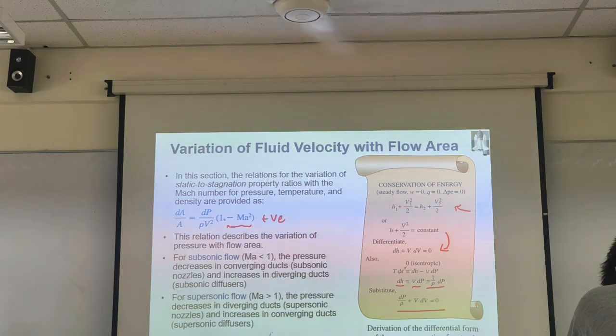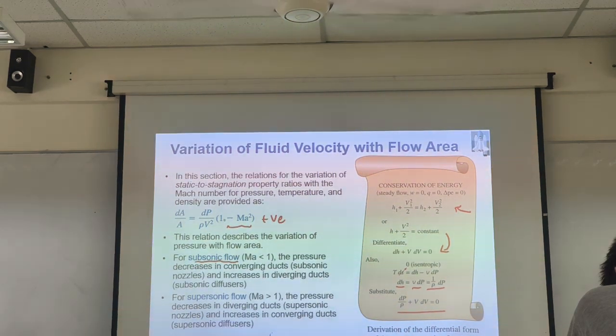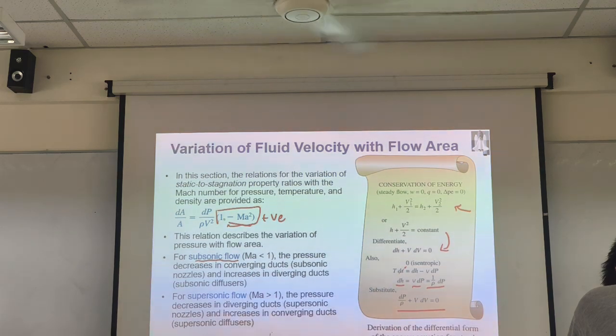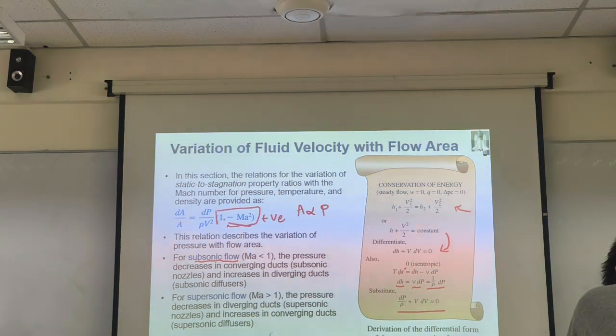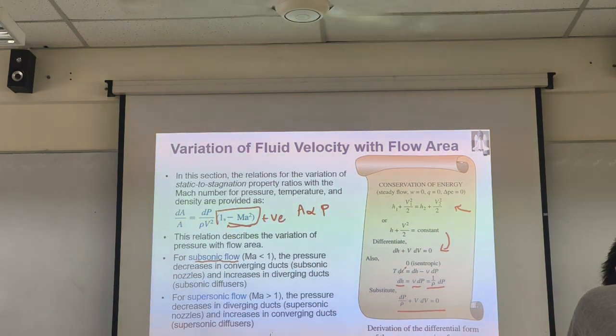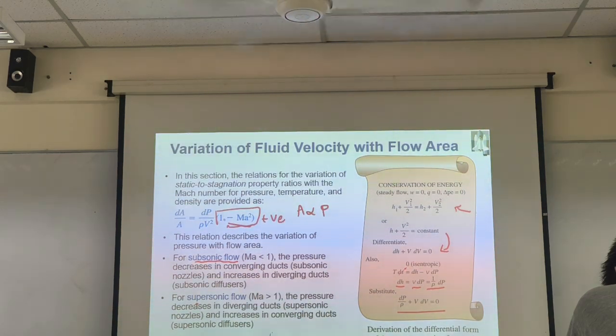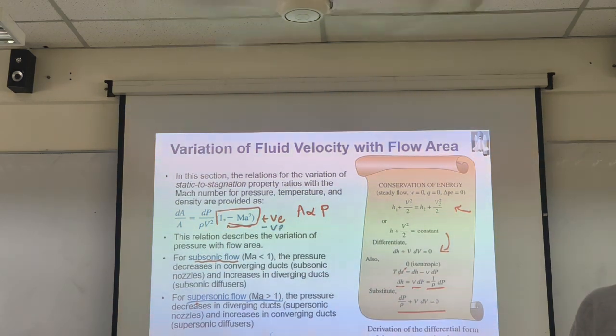So in subsonic flow, this term is always positive, so area is proportional to pressure. As area reduces, pressure will reduce. As area increases, pressure will increase. If you have supersonic flow, then it is the other way around.